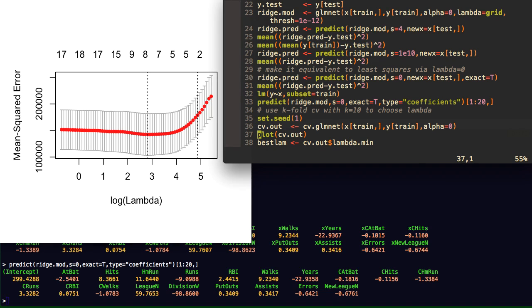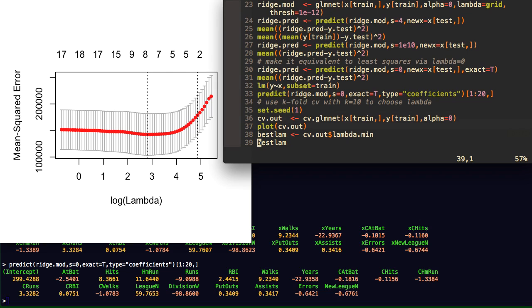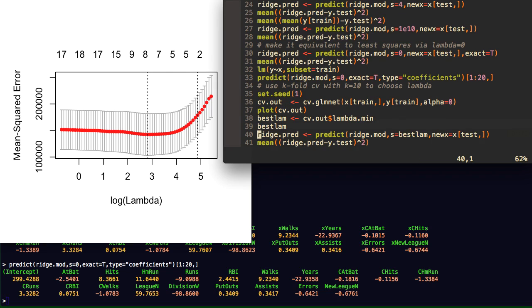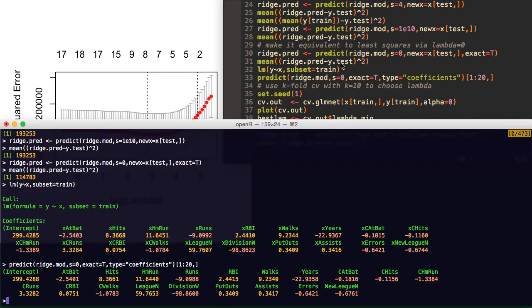It seemed to me that this was a bit curvier than this. I don't know, hopefully that's the correct plot. It seemed to me that this went down somewhat here when I did this before. Okay, so what is the best value of lambda?